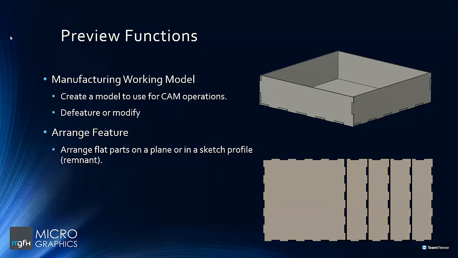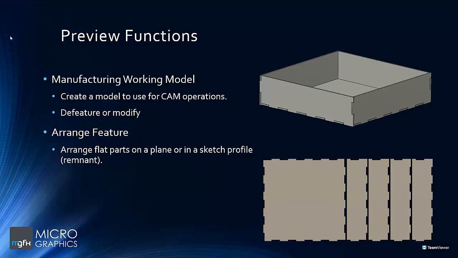As part of the manufacturing model, you're also able to arrange sheet components onto a work plane. You would be able to grab sheet components and say, okay, I want to arrange these onto a flat plane and fit them within a specific envelope.